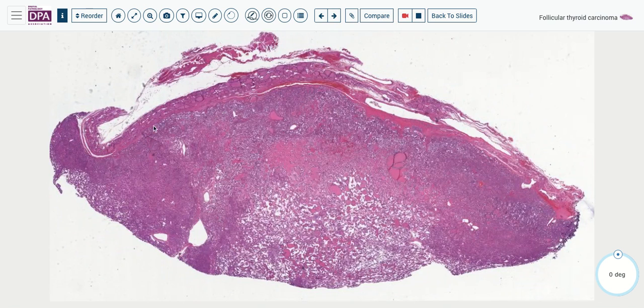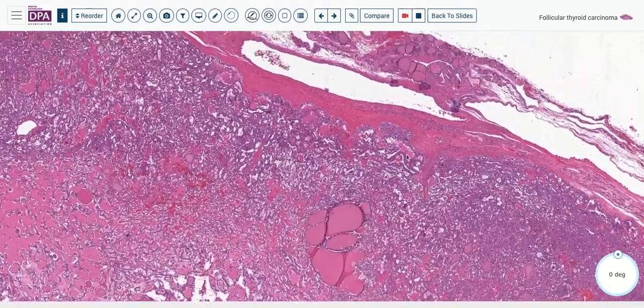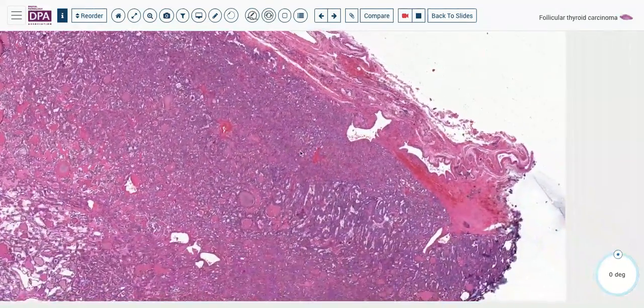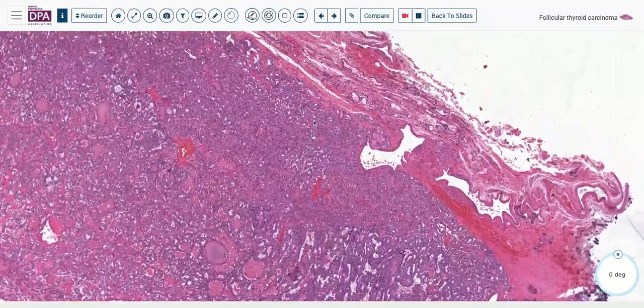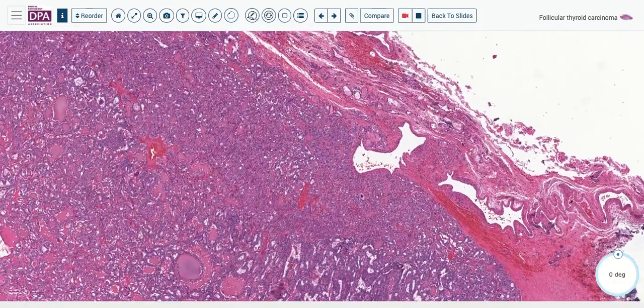Here again, a nice nodule. We see a little scalloping. This is not capsular invasion there, but certainly makes you want to evaluate the full thing. Here again, another feature of a dilated ectatic vessel with sort of tumor trying to probe its way in there, perhaps a little bit.